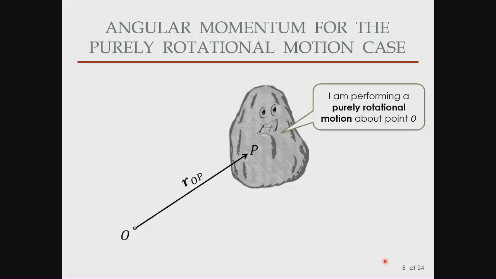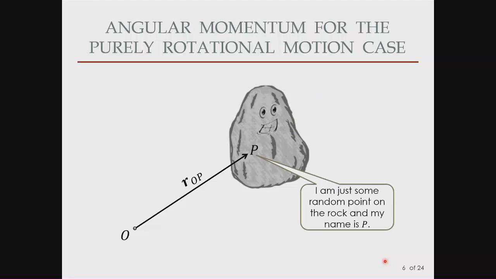So, in this lecture, I'm assuming that this rock is a rigid body performing purely rotational motion about this point O, which is fixed. Okay. P would be this point over which we are integrating, going around.